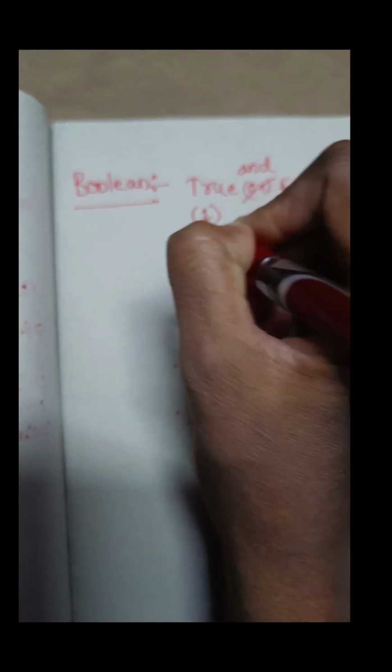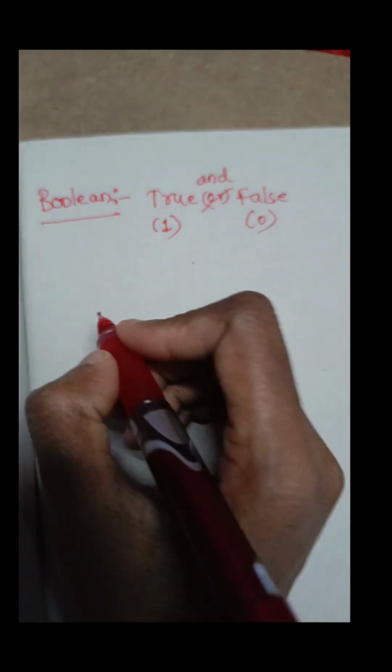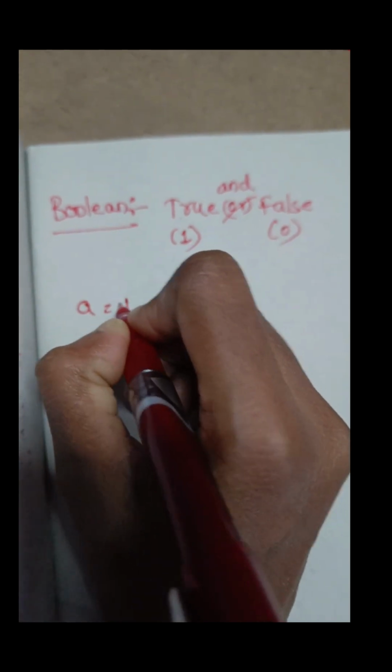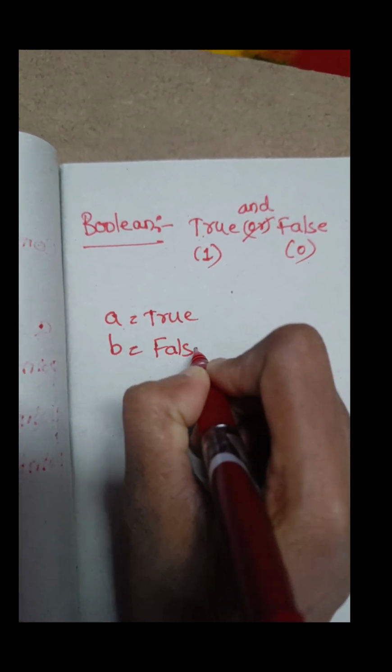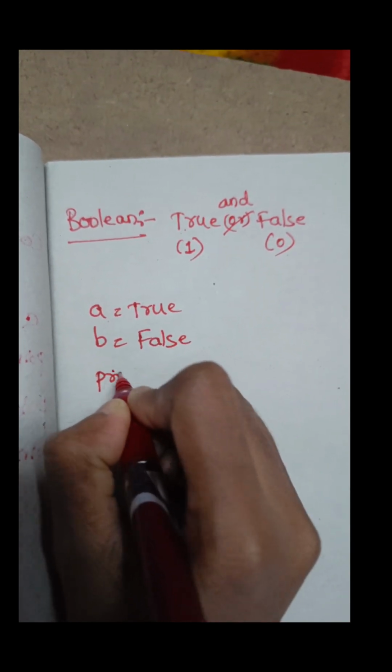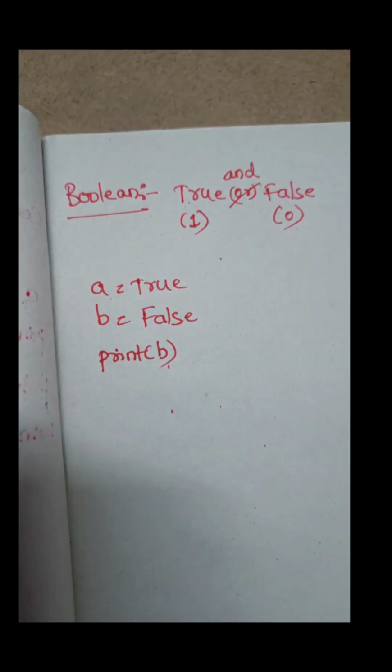Now see here, this true is represented as 1 and false is represented as 0. Now let us take some example. For suppose A is equals to true, B is equals to false. Now print of B.